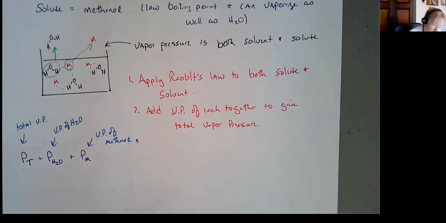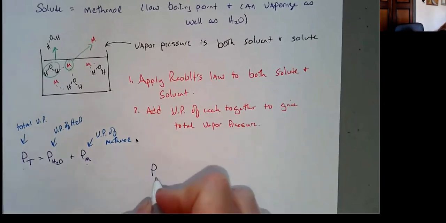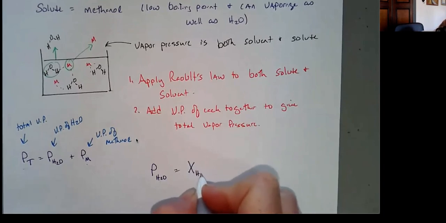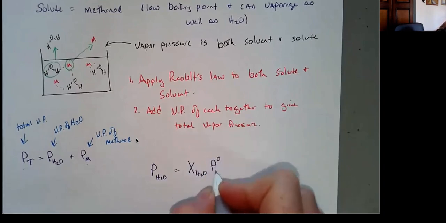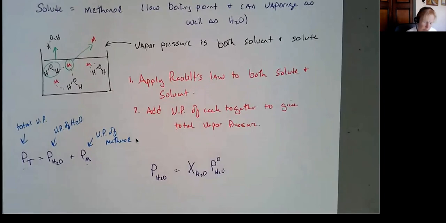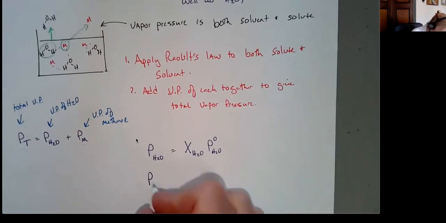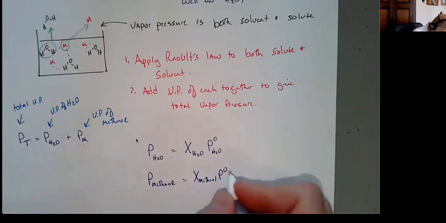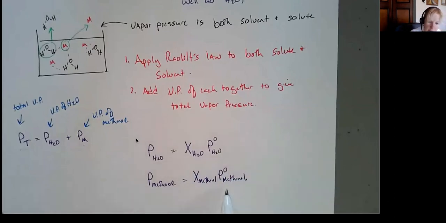So I'm going to calculate the vapor pressure of water by looking at the mole fraction of water and the pure vapor pressure of water. And then I'm also going to do the same thing for methanol by looking at the mole fraction of methanol and the pure vapor pressure of methanol, because this is volatile, so I'm going to be able to find this value in a table.